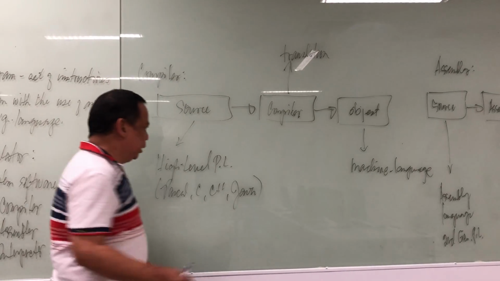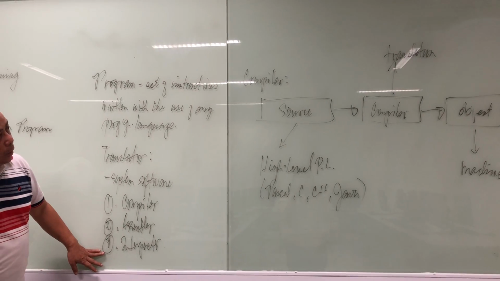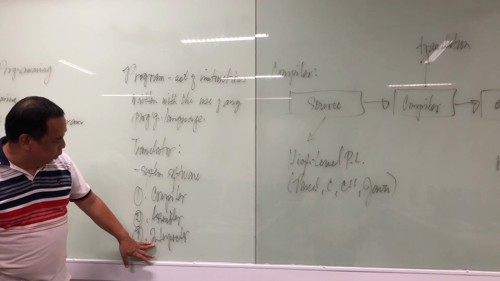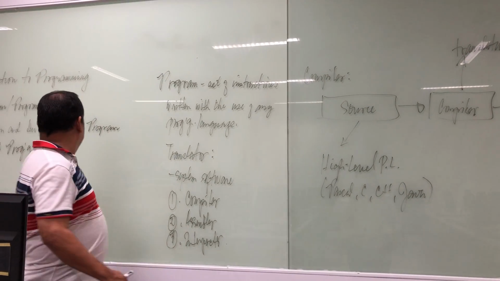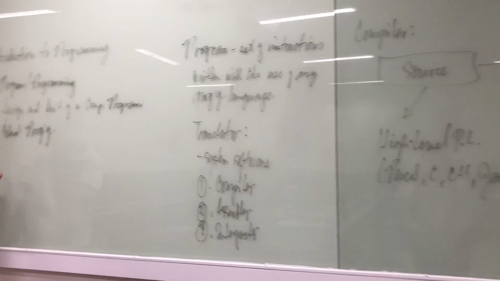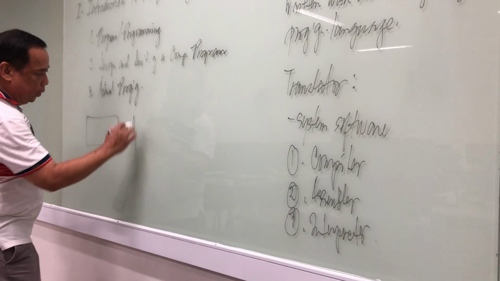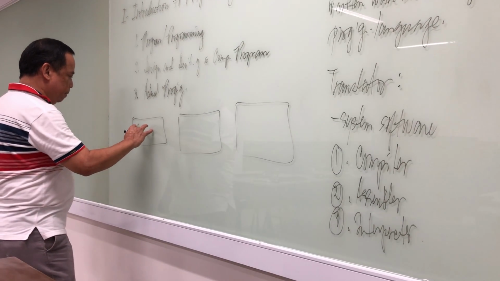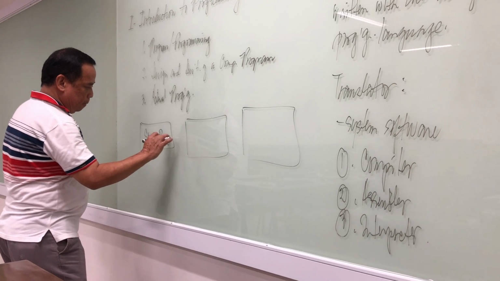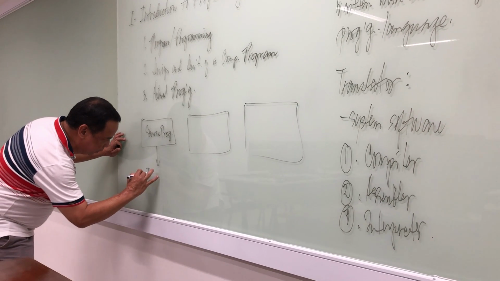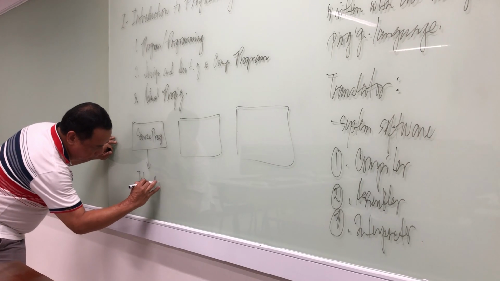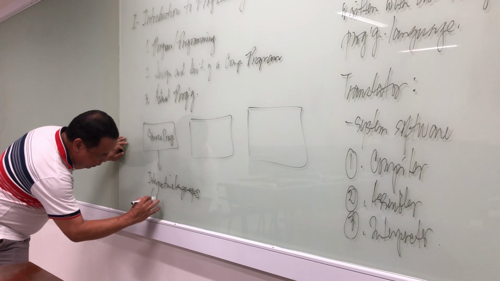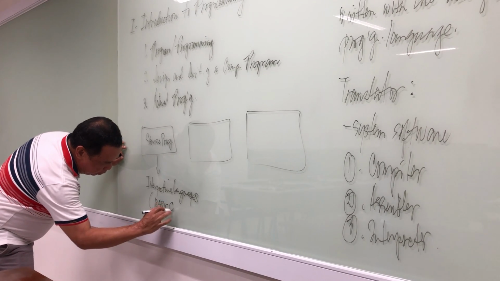Now, there is a translator that will do translation in a different way. And that is the third translator, which is the interpreter. Okay, for the interpreter, you have the same picture. You have a source program, normally written in interpretive languages, like BASIC, GW Basic.